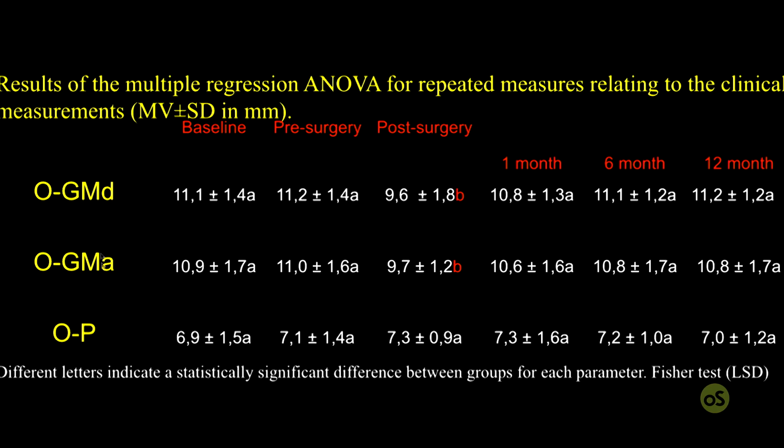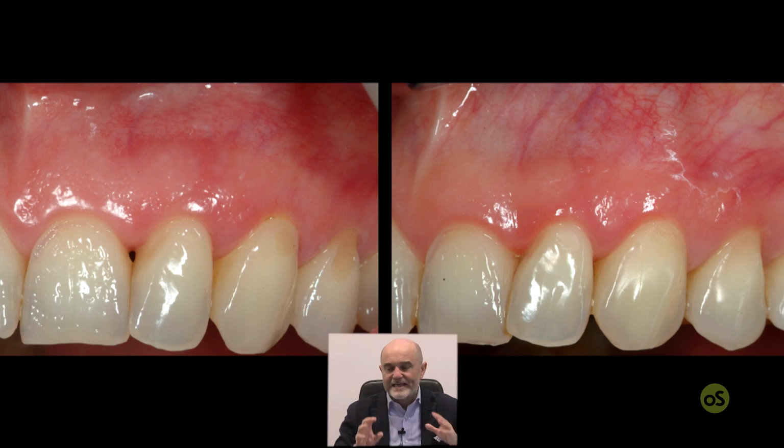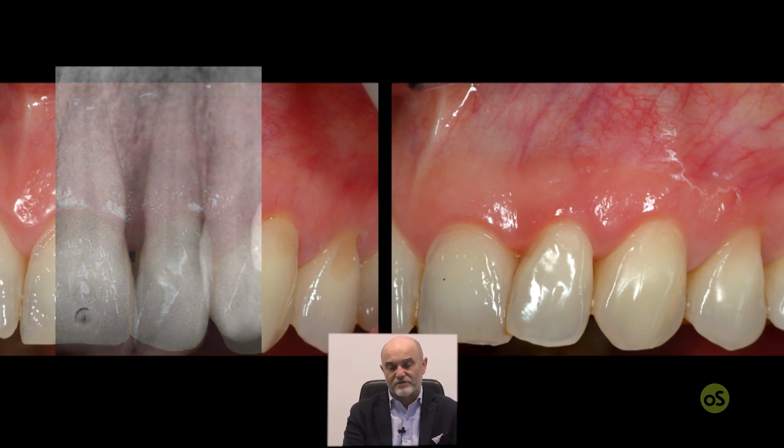And this not only at the level of the two teeth neighboring the defect, but also at the level of the interdental papilla. And by making 0 gingival recession, you leave more space for the blood clot to form and for this blood clot to become new bone, new periodontal ligament, and new periodontal apparatus.